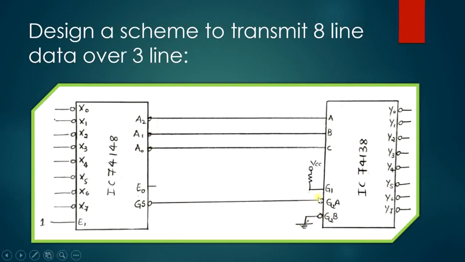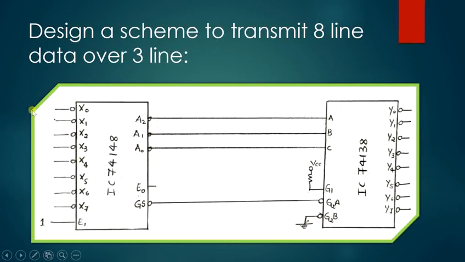So here we used to use the G1 pin. So all these pins were meant for providing the enable. So G1 was always connected to the supply, and G2A and G2B was always grounded. Whereas in this particular case, we are giving G2A to GS. This will be at ground.